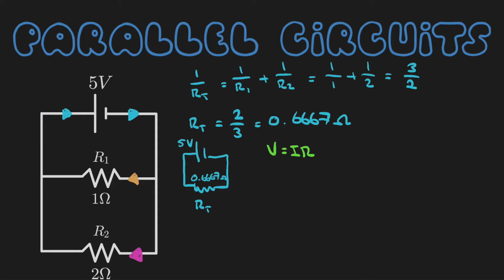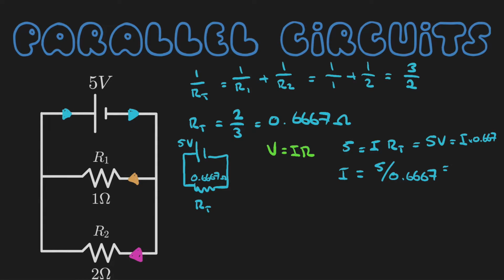Okay? So voltage, which is 5 volts, so 5 equals I times RT, which equals 5 volts equals I, and what did we say? Times 0.667. So therefore, rearranging the equation to get I on its own, I equals 5 divided by 0.6667 ohms.